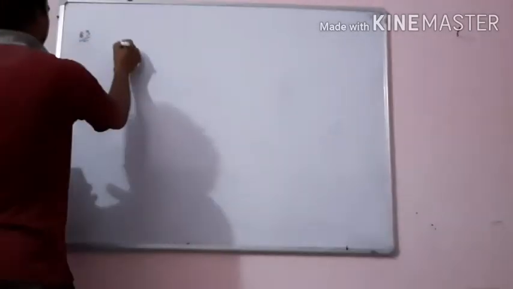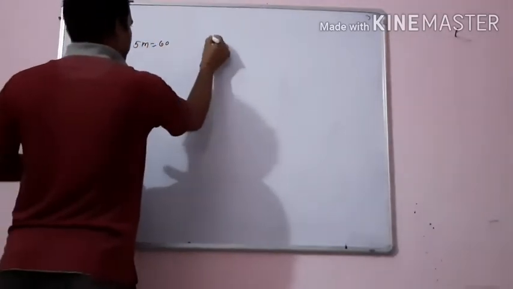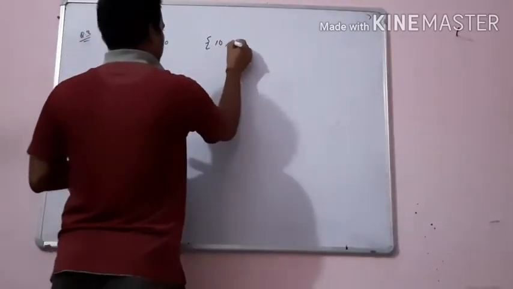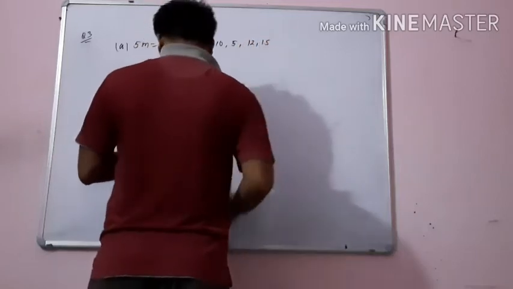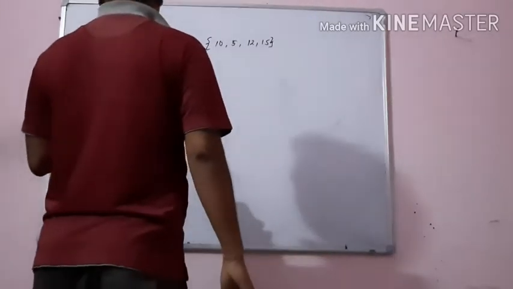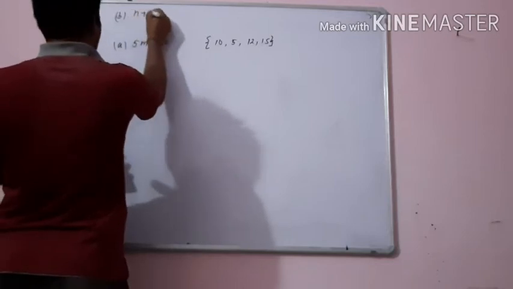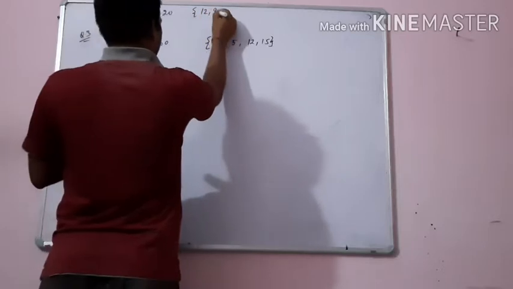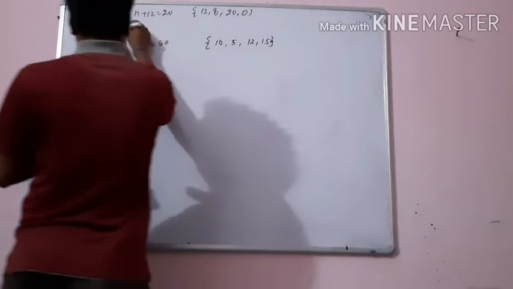So the first question is 5m equals 60, and in the bracket the given values are 10, 5, 12, 15. I am writing some questions and after that we will solve all of them. B is n plus 12 equals 20, values 12, 8, 20, 0.